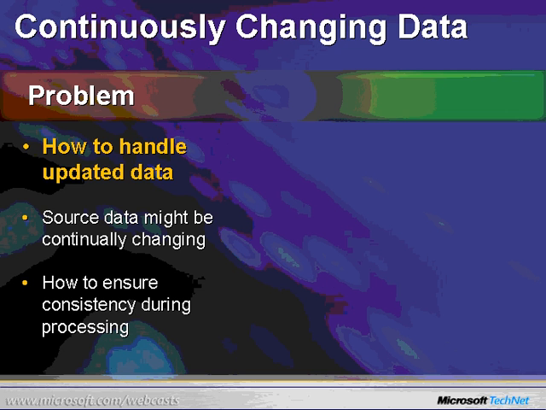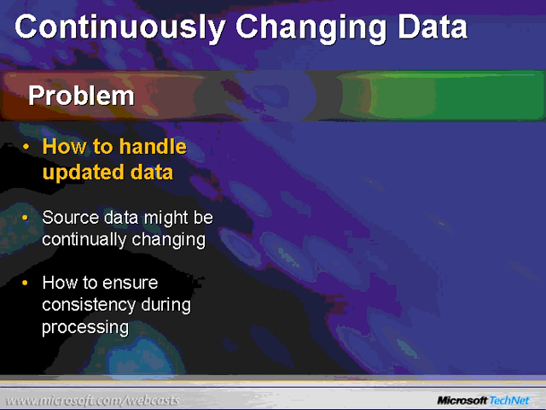When we're trying to process the cube and set up the analysis services caches while the source data is changing, we can have a problem. So how can we get good data consistency? In SQL 2005, this problem is solved by that new isolation level we mentioned earlier, snapshot isolation.